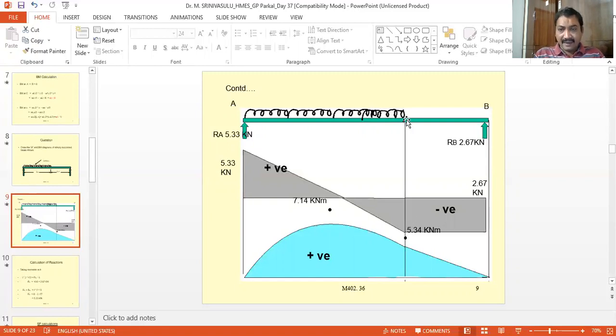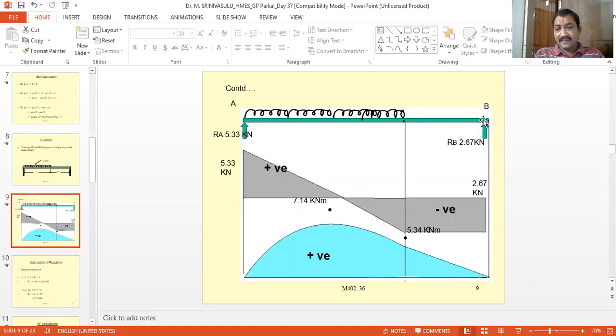But from this point onwards, the shear force will change because a UDL is acting, and we'll see what will happen. But exactly at point C, the SF is equal to minus 2.67. Now coming to the point A, what happens to the right of the section?